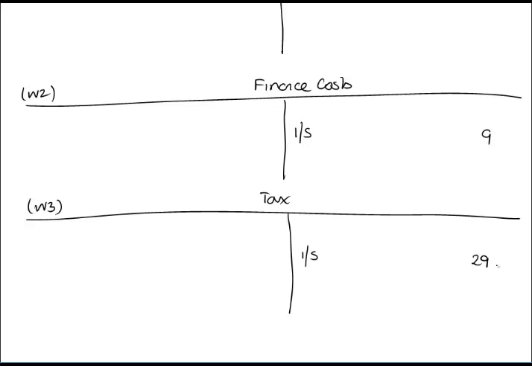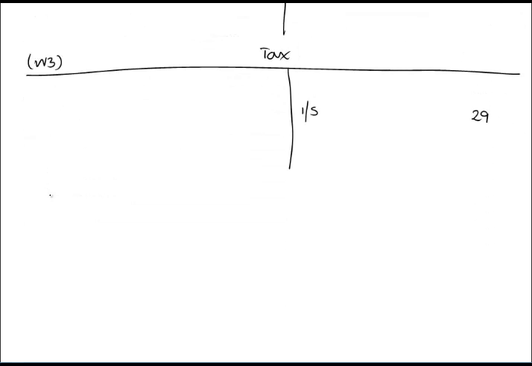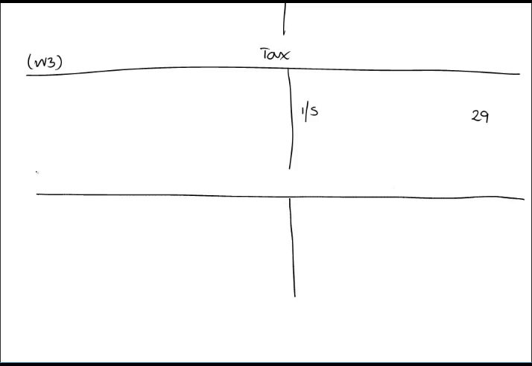Next, we've got goodwill. Open up a T account. Not quite sure what's happening with goodwill. And my advice to you is, if you're not sure, open up a T account. We have an opening balance of 100 and a closing balance of 80.